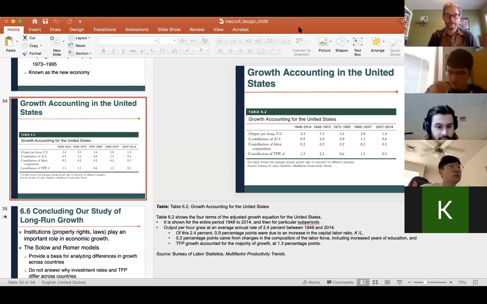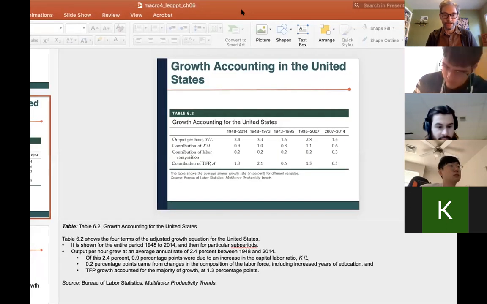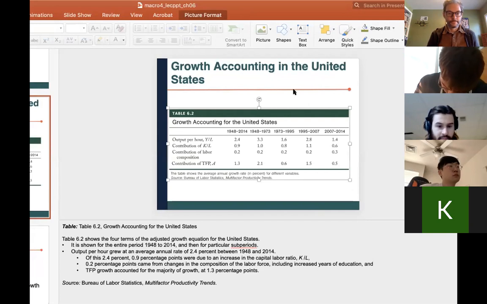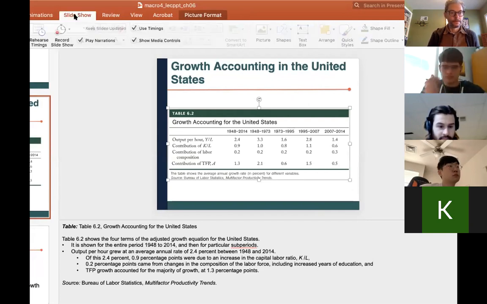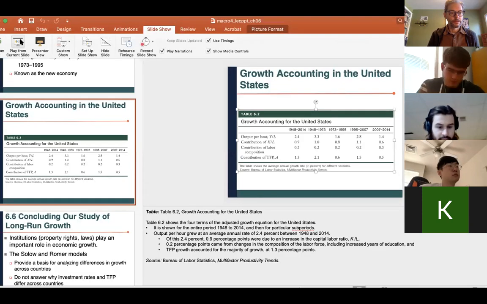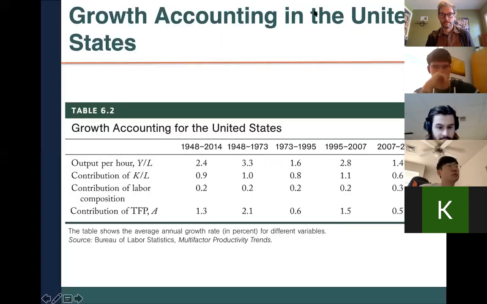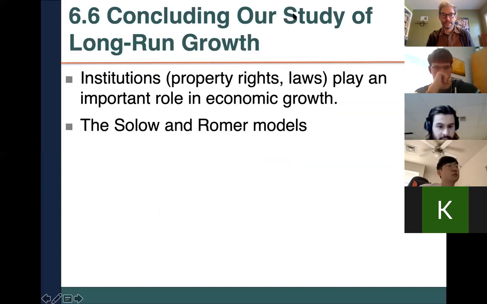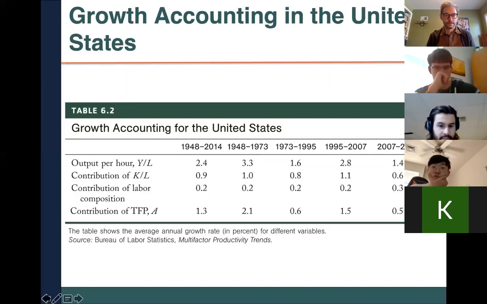Okay, this is a version of the table that's shown in your book, but it has more recent data. So I'm going to blow this up. Okay, everybody see this? This is Table 6.2, growth accounting.